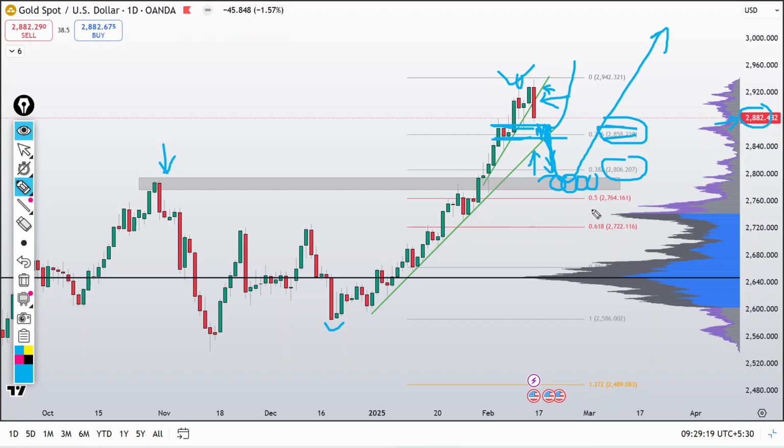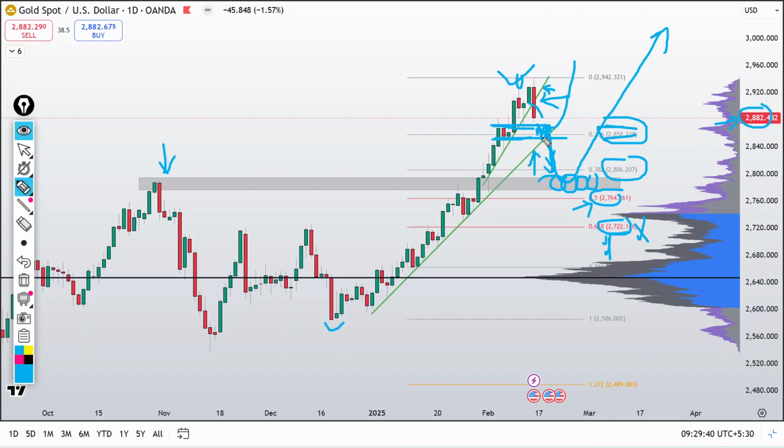Also into the lower side, the 50% retracement is 2722. I'm not expecting price to go down and test this level, but sorry, this is the 60% level, this is 50%. So on 50%, 2764 is a major support.